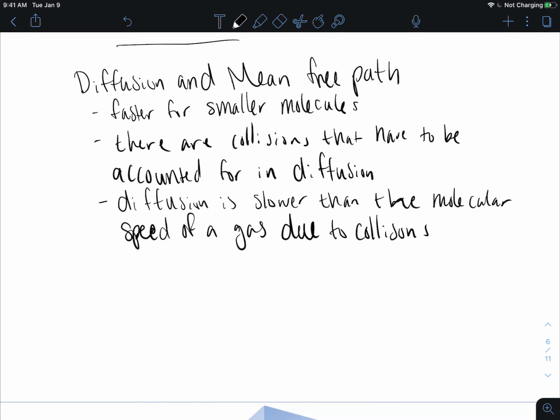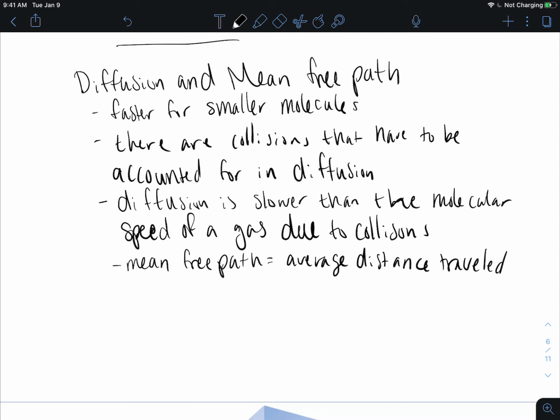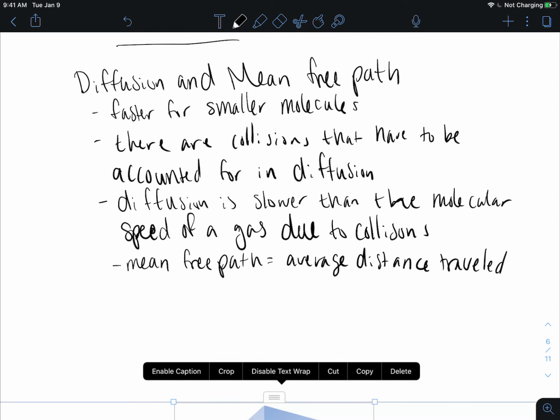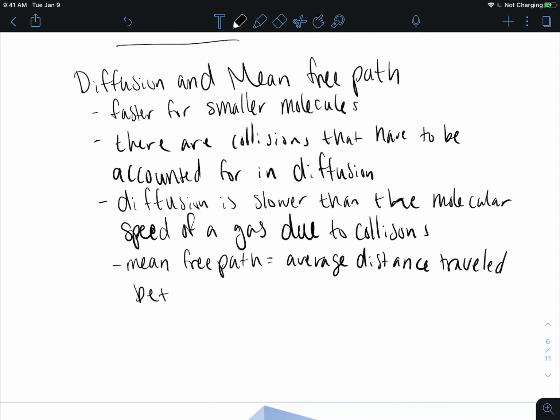We can look at the average distance traveled by a molecule between collisions, and this is called our mean free path.